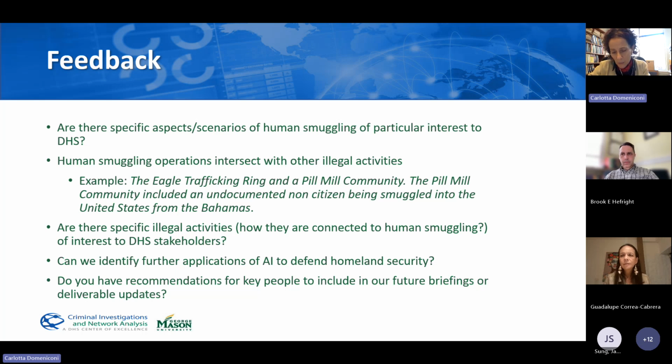That will help us on one side analyze the resulting networks, focus on which aspect we should actually go in depth in mining, and also can help us retrieve the related documents. So, for example, we did some preliminary analysis, and we found two groups. One group was a trafficking ring. It was called the Eagle trafficking ring, and the other was a pill mill community.